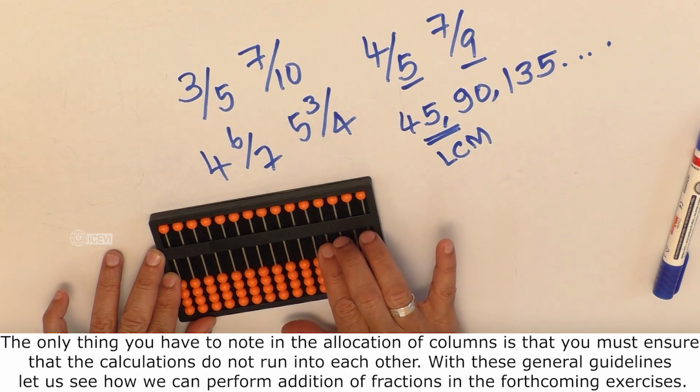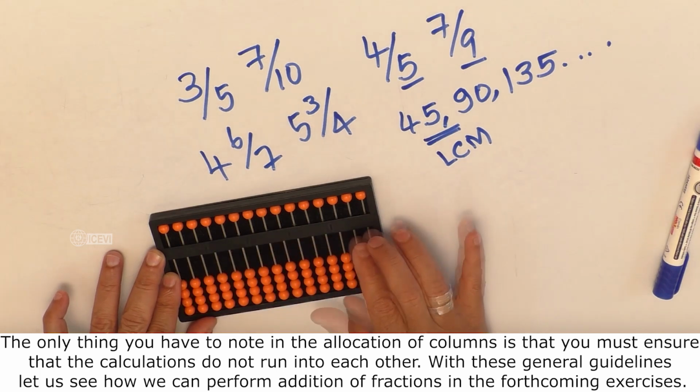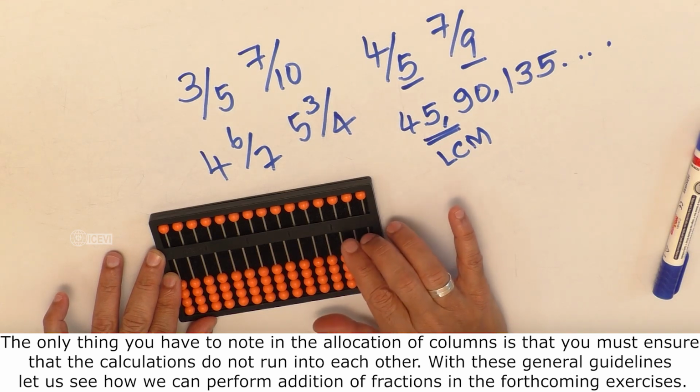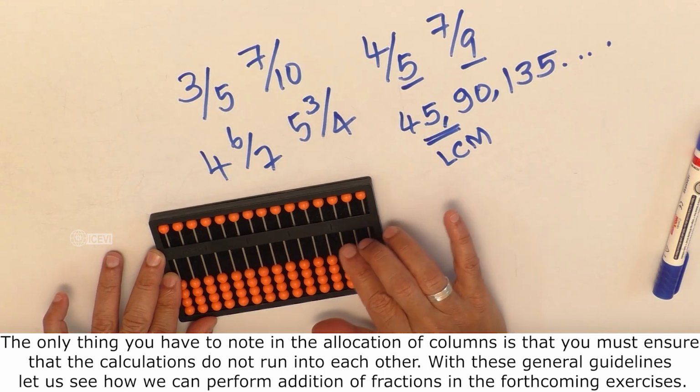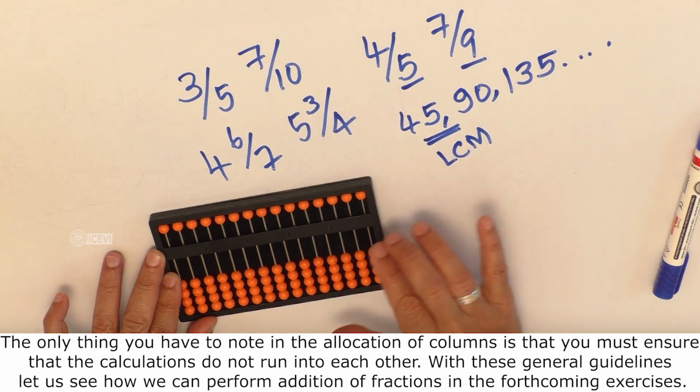The only thing you have to note in the allocation of columns is that you must ensure that the calculations do not run into each other. With these general guidelines, let us see how we can perform addition of fractions in the forthcoming exercises.